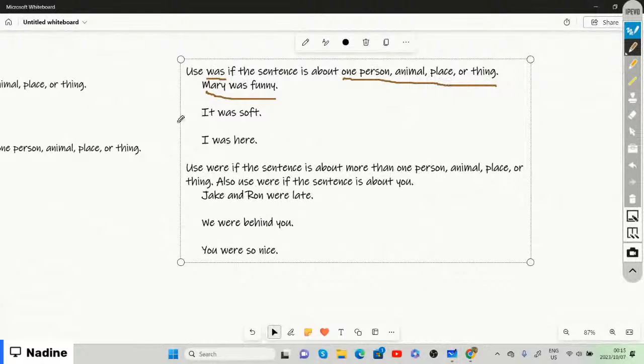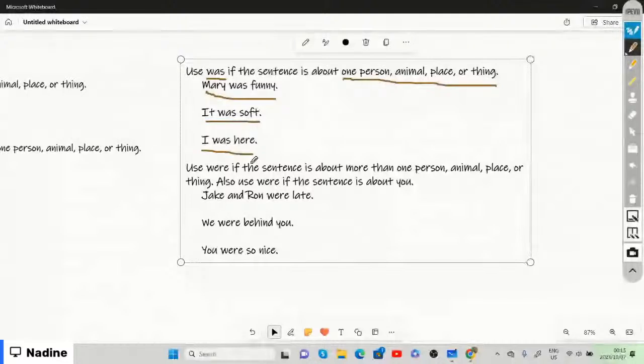It was soft. So either yesterday it was soft, last week it was soft, right? It's not soft now, but it was soft then. I was here. It's in the past.